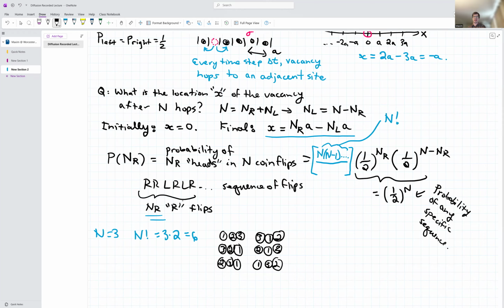But of these 3 flips, say we're looking for all sequences with n sub r equal to 2.